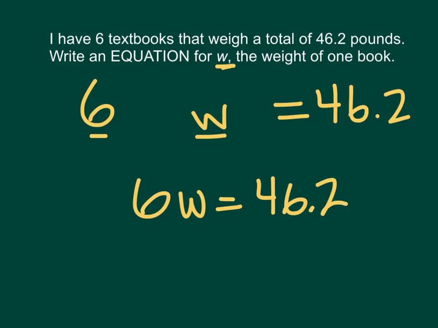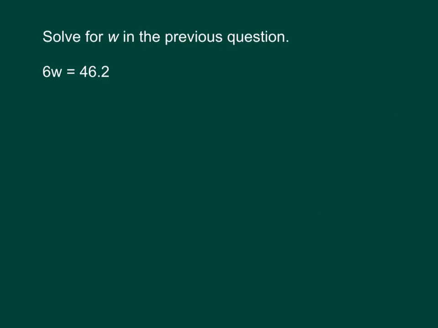So it's that easy, and all I'm asking them to do is simply write an equation, not solve. Until, of course, we get to the next part. The next page says, now solve for W in the previous question, which was 6W equals 46 and 2/10 pounds. We are back to using the first step of the division property of equality.